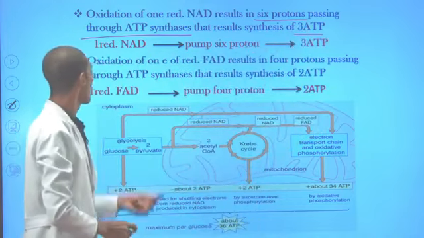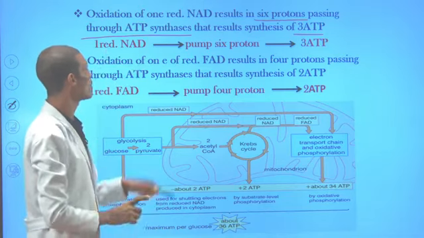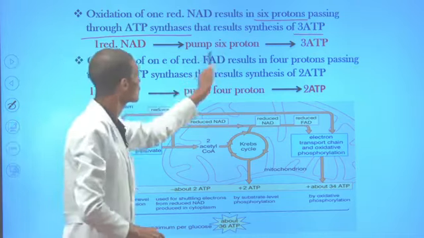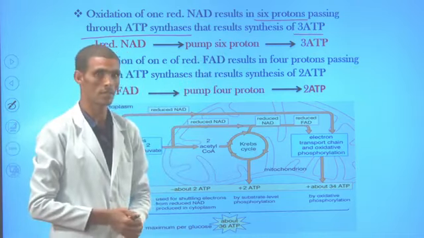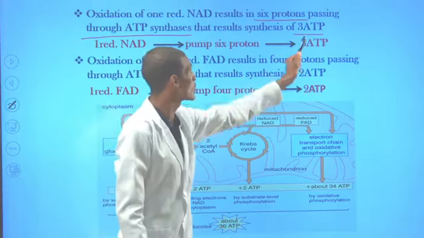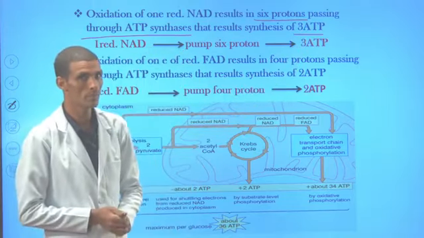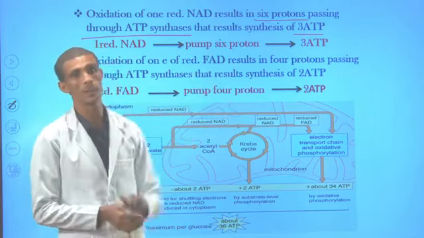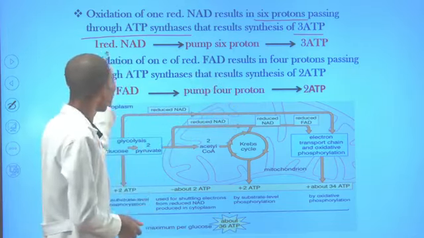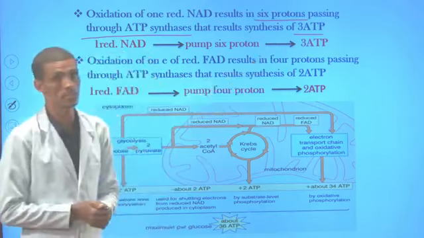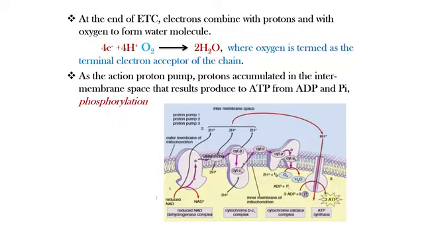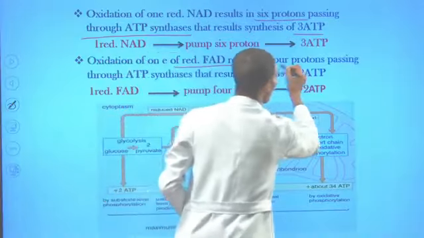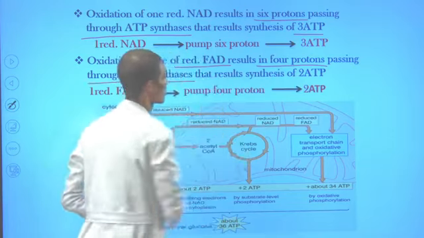Hint again, student. When one reduced NAD molecule becomes oxidized, it passes 6 protons through ATP synthase, which results in the production of 3 ATP molecules. So, from the oxidation of one reduced NAD molecule going to ATP synthase, we expect 3 ATP molecules. Again, the oxidation of one reduced FAD molecule results in 4 protons passing through ATP synthase.